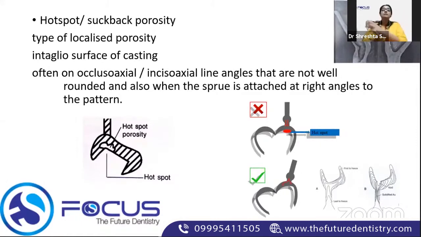Now, this is a very important, most commonly asked question: at what angulation do you attach your sprue to your wax pattern? Never ever attach your sprue at 90 degrees, because it is going to cause this type of porosity. That is, your suckback porosity is going to be caused. So you always attach it at 45-degree angulation to your wax pattern.